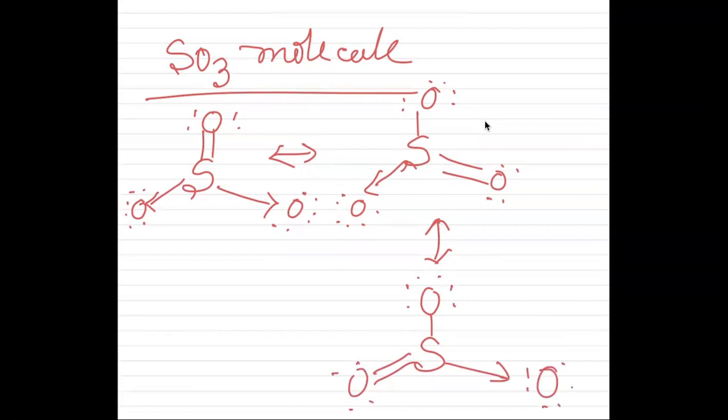So we can write the SO3 molecule structure like this. It has three resonating structures. Okay, so regarding what resonance is, you have a clear idea.